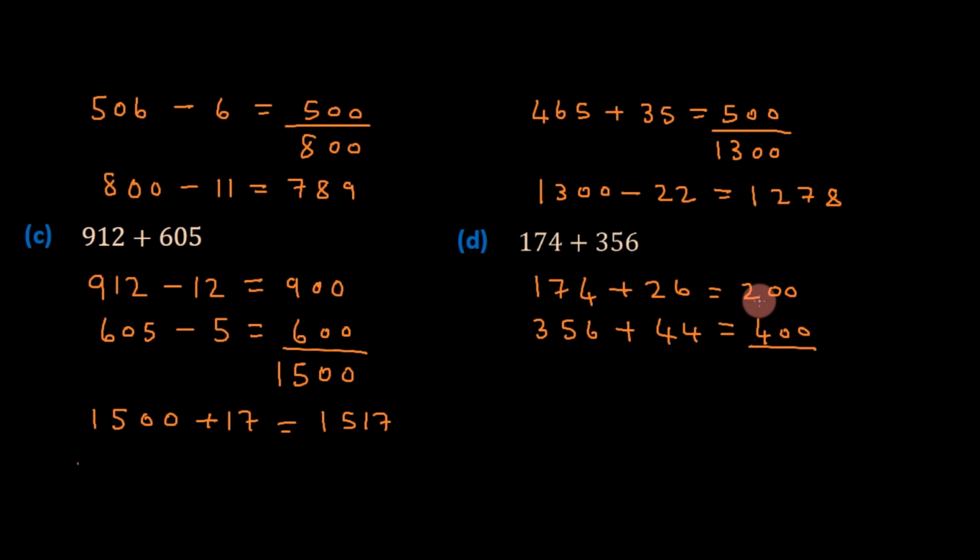Then our estimate will be 200 plus 400, in other words 600. In this case, we rounded up in both cases by a total of 26 plus 44, in other words, by a total of 70. So we have to subtract 70 from the 600. And that's going to give us 530.